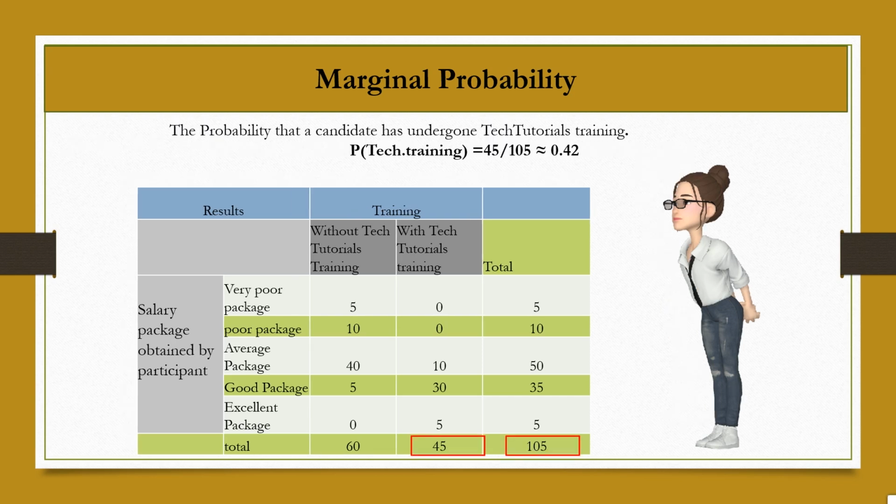The probability that a candidate has undergone tech tutorial training is obviously 45 divided by 105, since 45 is the number of candidates with tech tutorial training and 105 is the total number of candidates. So you get a value of approximately 0.42. That's the probability of a candidate having undergone tech tutorial training.